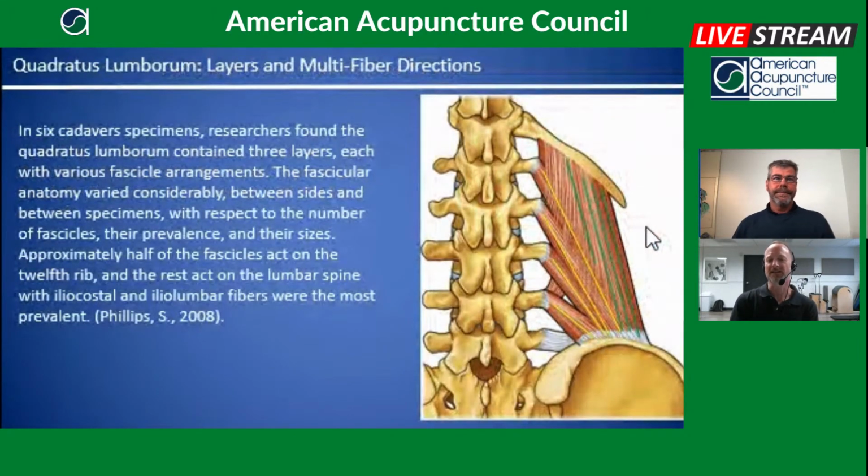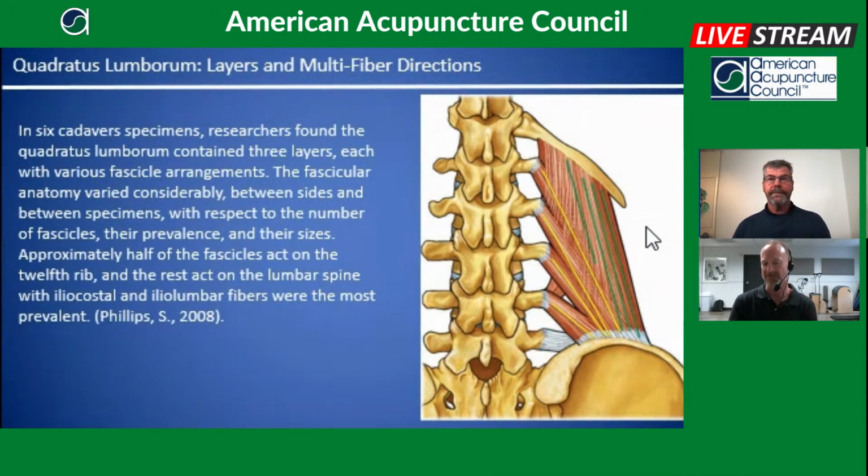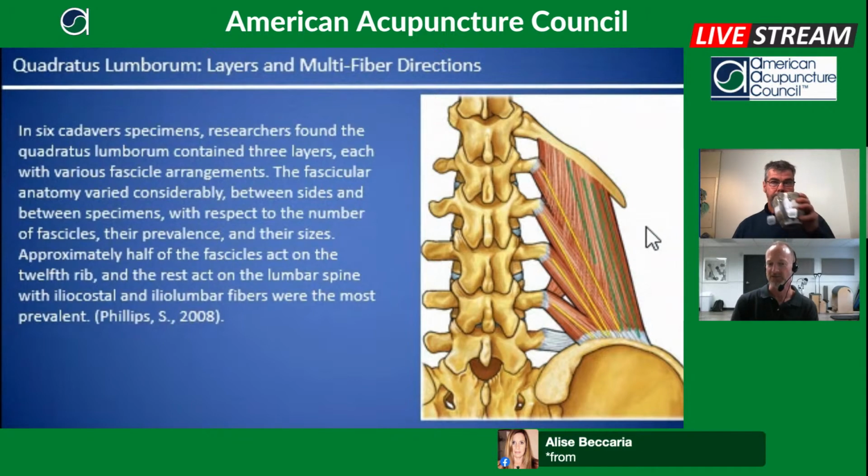All right, so this is from research with 6 cadaver specimens, looking at the fascicle arrangement of the quadratus lumborum. Keep in mind, this is 6 specimens, so it's not 100 or 200 or 300 specimens, but at least it starts to give an idea of the complex arrangement of the quadratus lumborum.